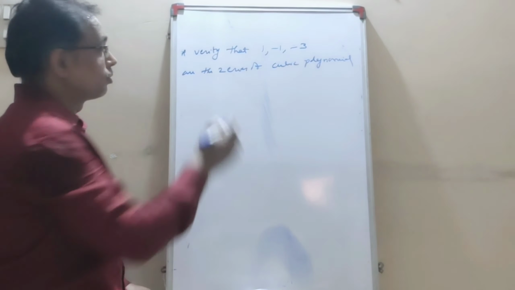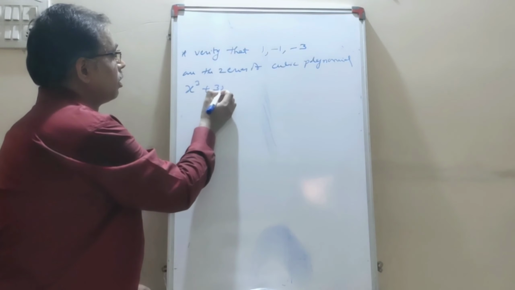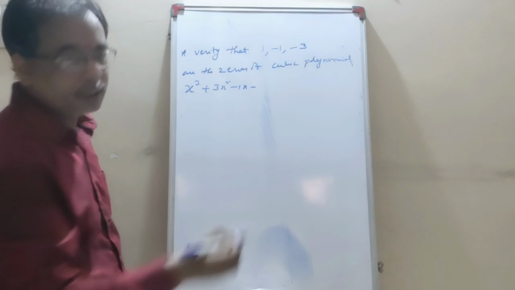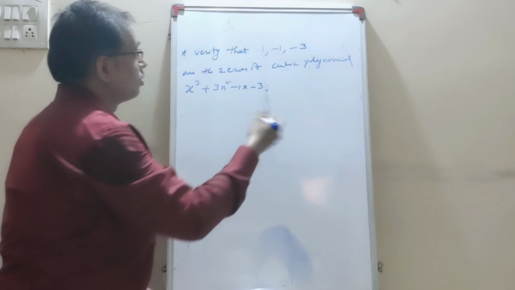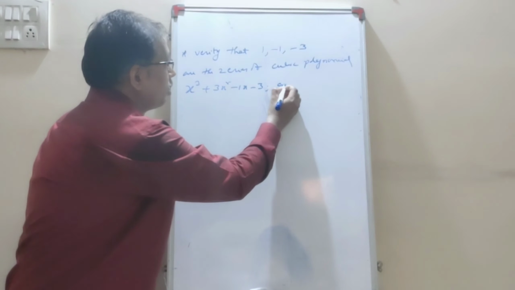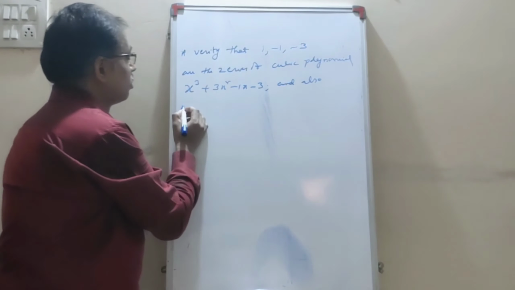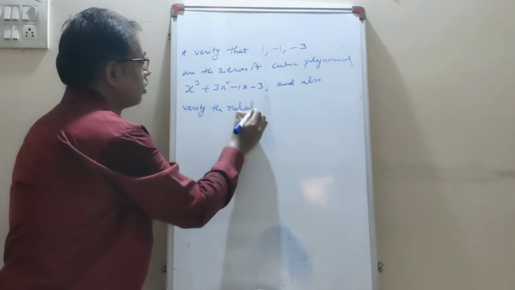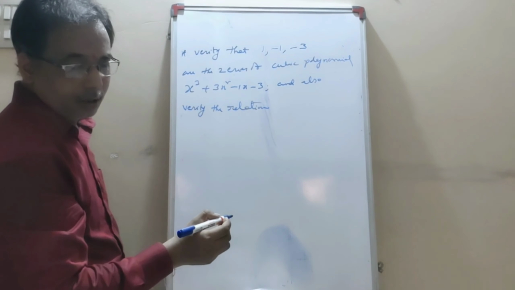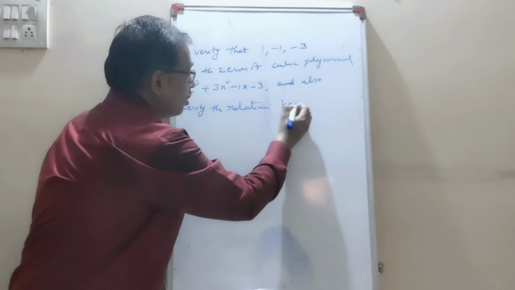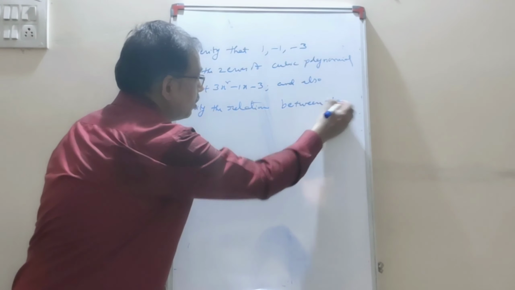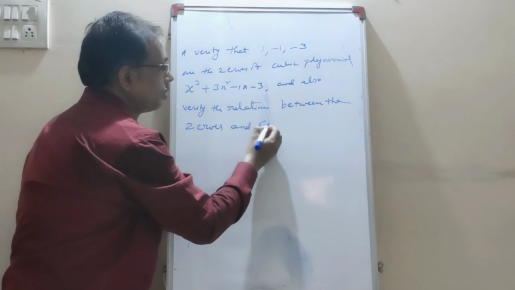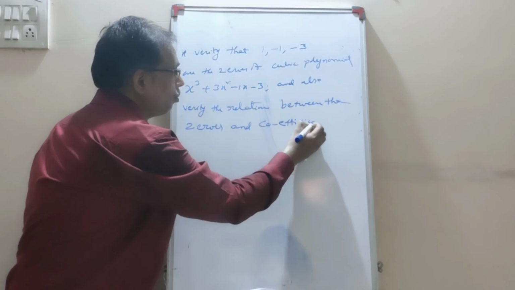x cube plus 3x square minus x minus 3, and also verify the relation between the zeros and the coefficients.